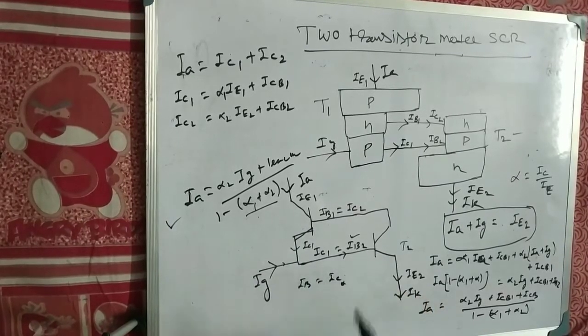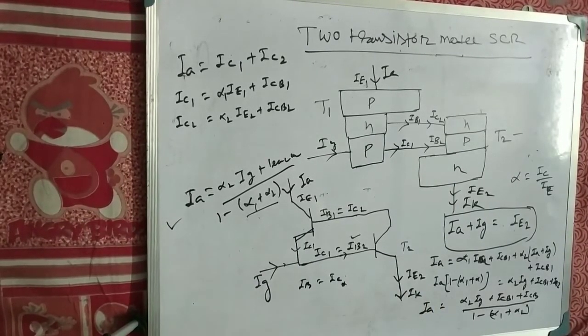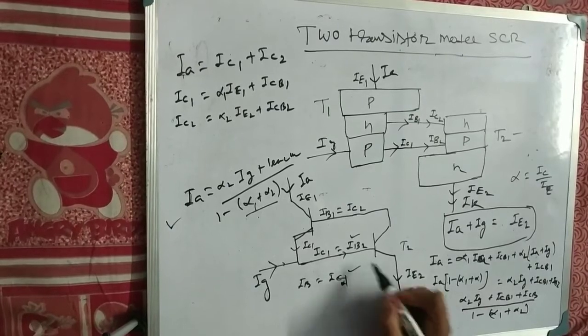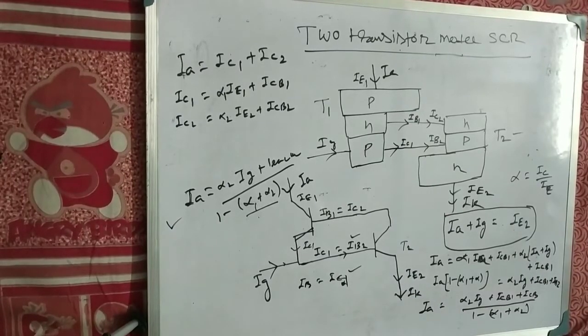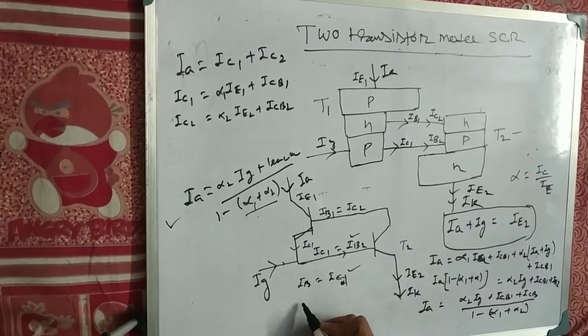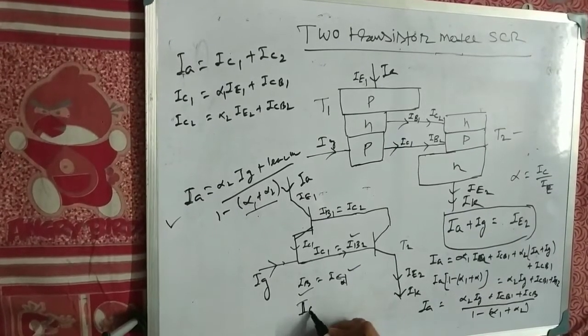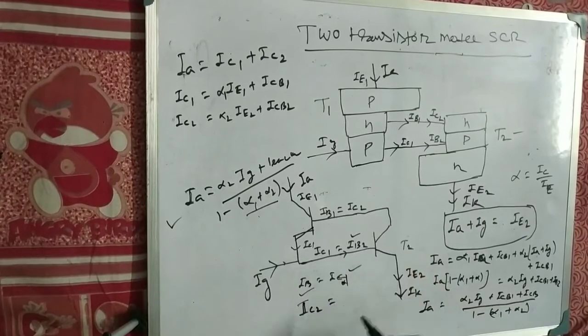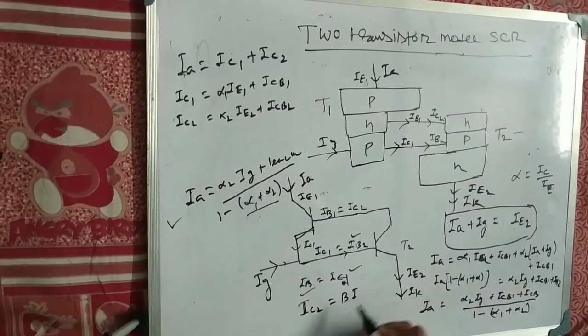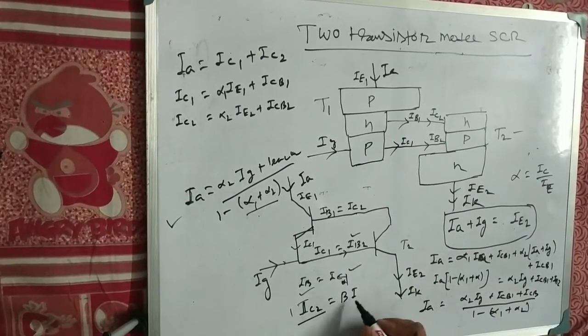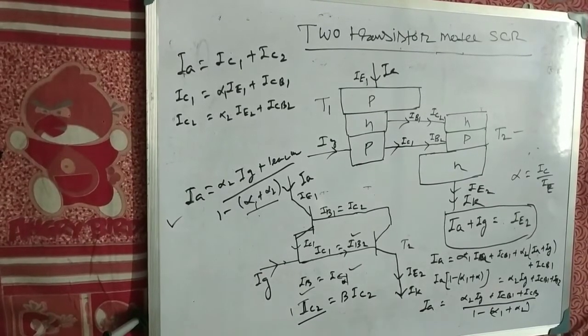Now if base current is increasing, base current meaning gate current plus IC1, the collector current of transistor 2 also increases, because IC2 will be beta into IB2.